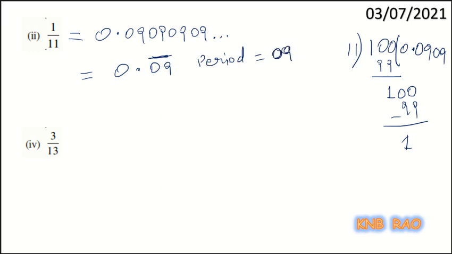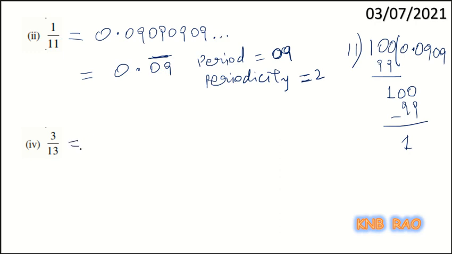We must write 09 compulsory, and periodicity is 2. So, here periodicity is 2 because 2 digits are repeating in the same order. They are 0 and 9. Okay. This is how we convert 1 by 11 into decimal form.